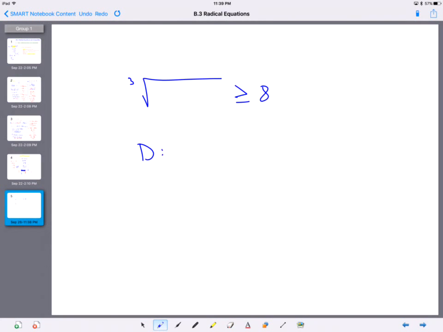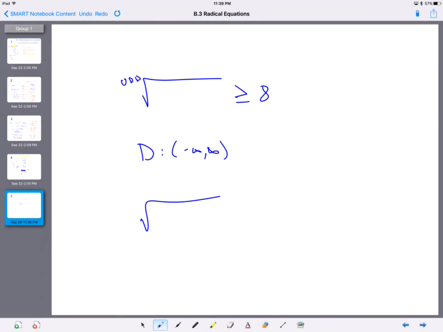What is our domain for cube roots? It's all real numbers. So you don't have restrictions on cube roots, or not even cube roots, but odd roots. Odd roots are always going to give you values that are all real numbers.